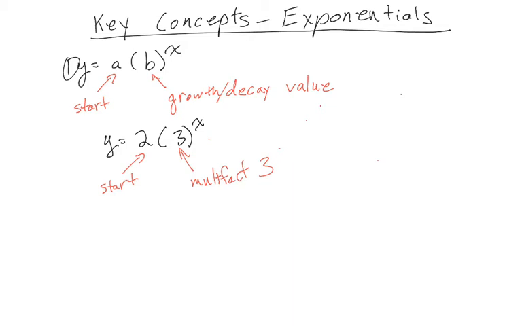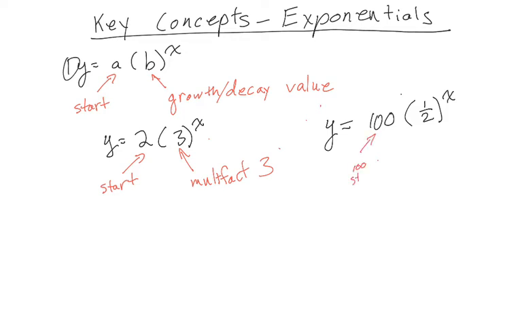Now, another form of this would be y is equal to 100 times 1/2 raised to the x. If you think about this, it's saying my starting value is 100.